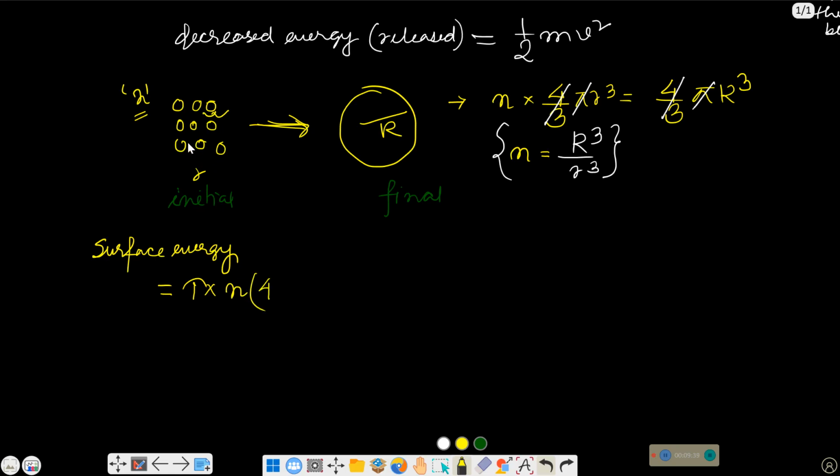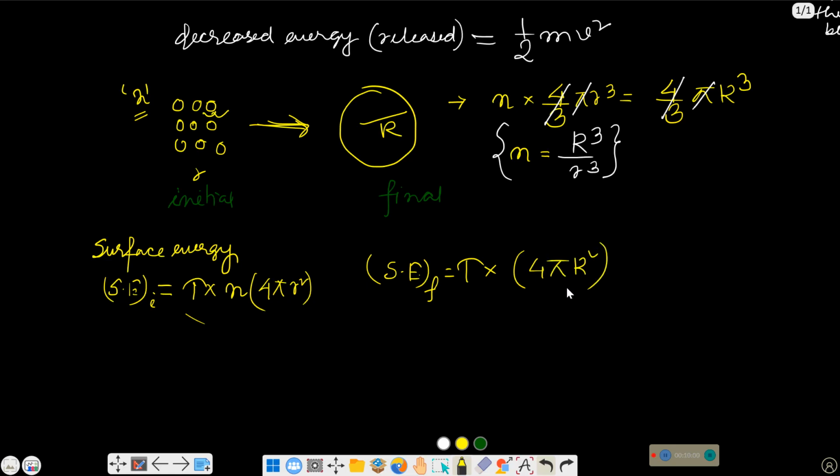So there are n number of droplets, so n into 4 pi small r square. This will be the total surface area. In the initial state, this will be your surface energy. Okay, this will be more than the final surface energy. In the final state, the surface energy final will be equal to T into 4 pi capital R square.